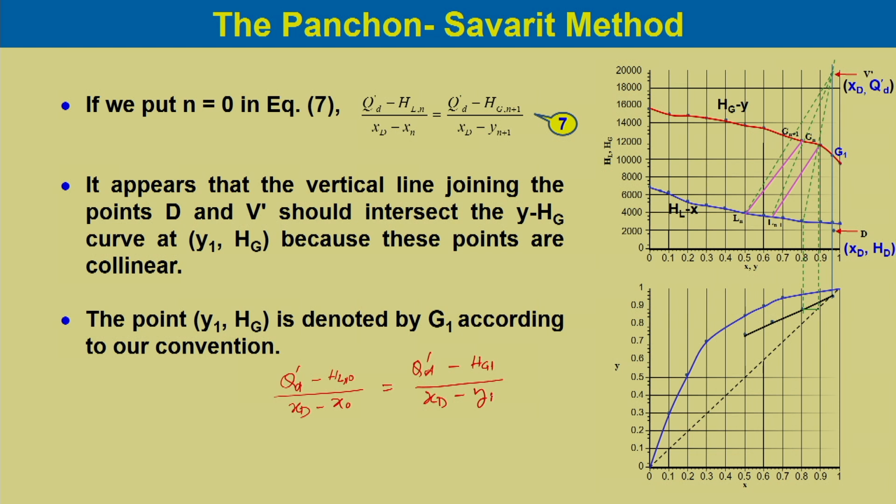So this vertical line joining the points D and V dash should intersect the vapor curve at the point G1, shown over here, having the composition y1, Hg1.